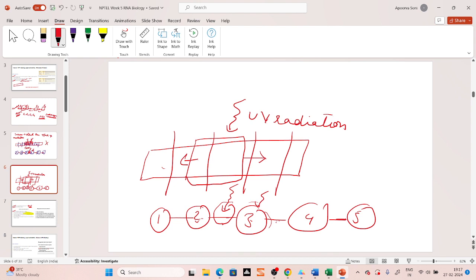Suppose an earthquake or any other kind of calamity comes; this is one building, this is another building, and in between there is a gap. Because of this gap, the effect will be diluted, it will not be that prominent on the other building. So to prevent damage from natural calamities, there are gaps between the buildings. Those gaps are like the intronic regions, which dilute the effect from reaching other genes. And if the intron itself takes the mutation, then the gene is completely saved.